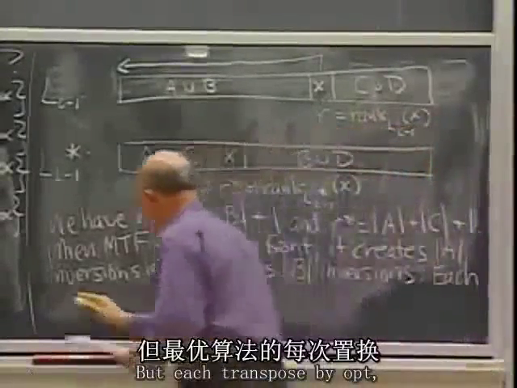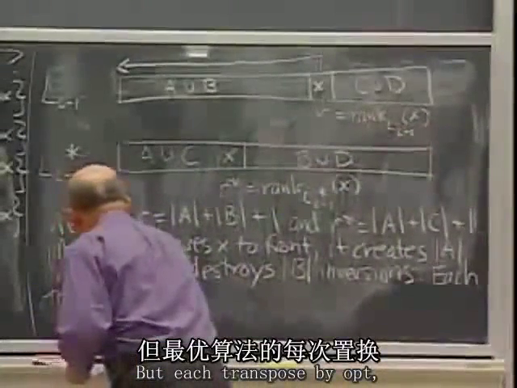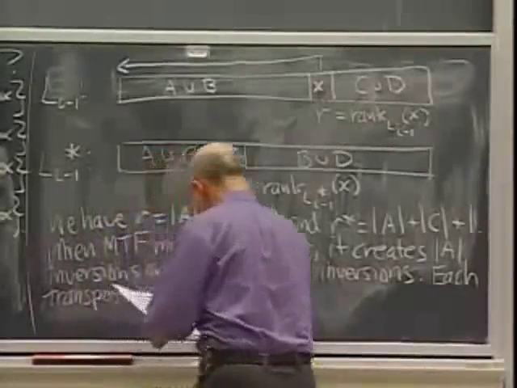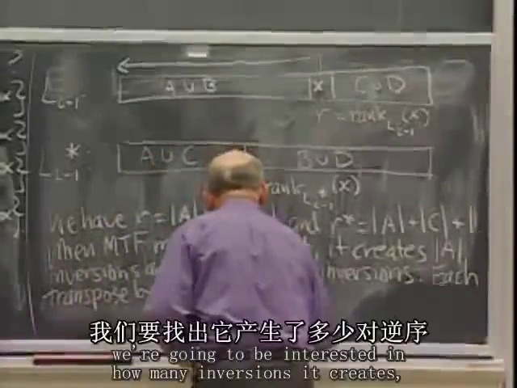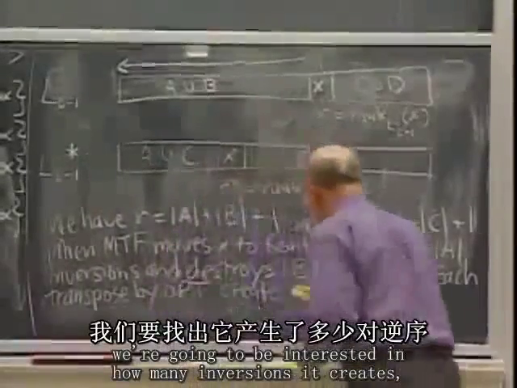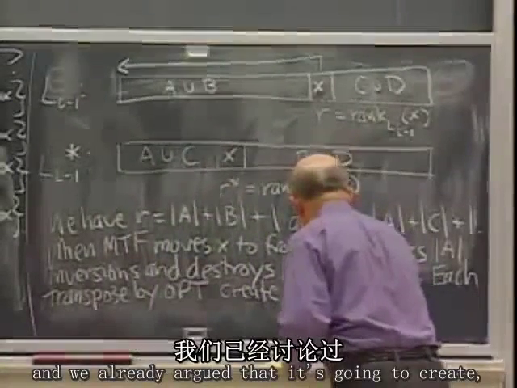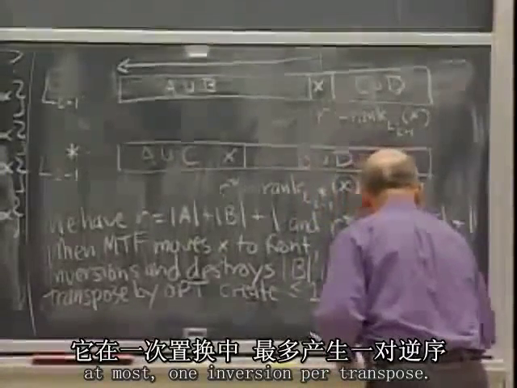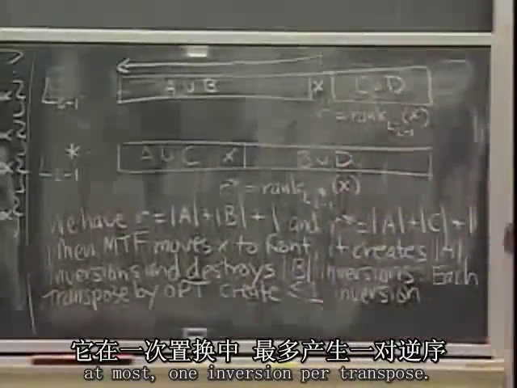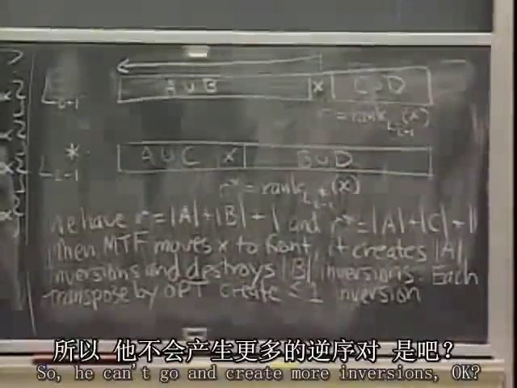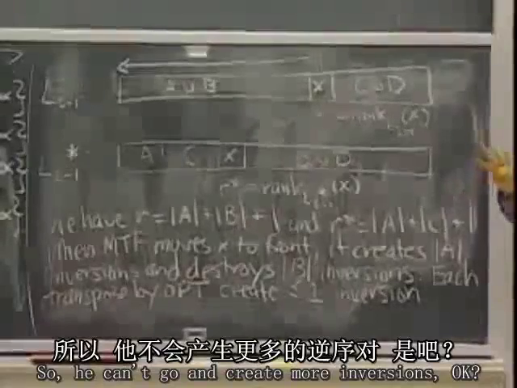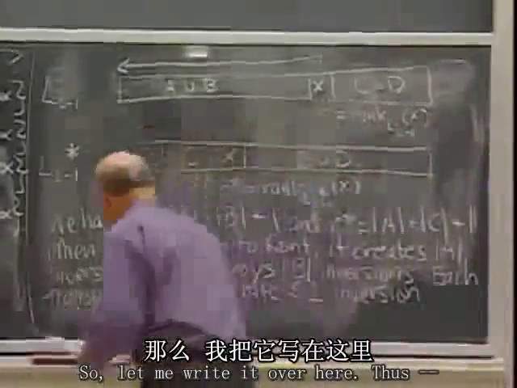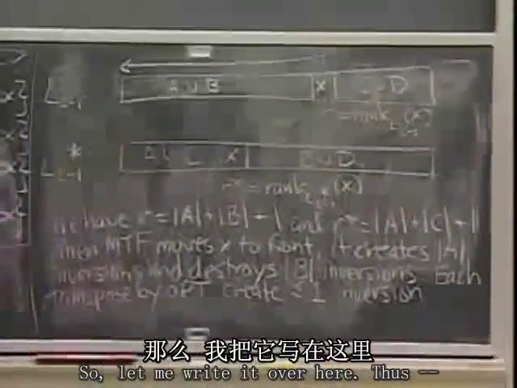But each transpose by OPT, we're going to be interested in how many inversions it creates, and we've already argued that it's going to create at most one inversion per transpose.